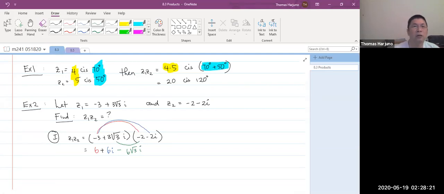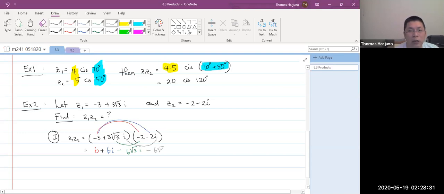And then the last term is minus 6 radical 3 i squared, which will then be plus 6 radical 3. This becomes 6 plus 6 radical 3, plus i times 6 minus 6 radical 3. That's if we use the regular way.